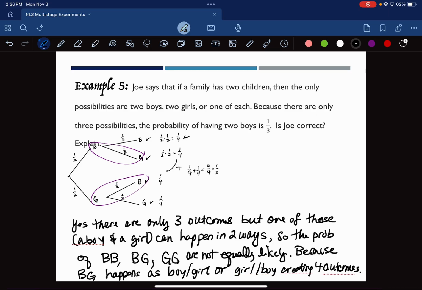Okay, it creates a 4th dynamic of whatever's going on here when we're looking at this counting.